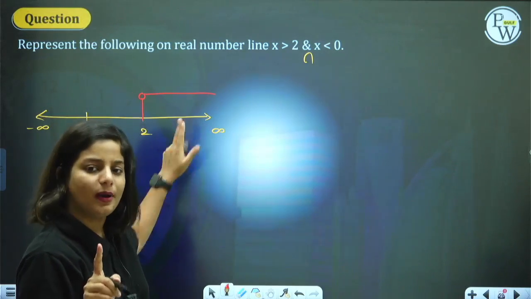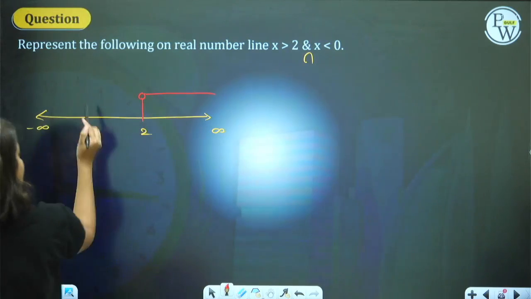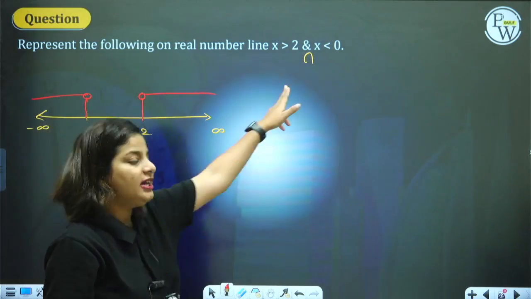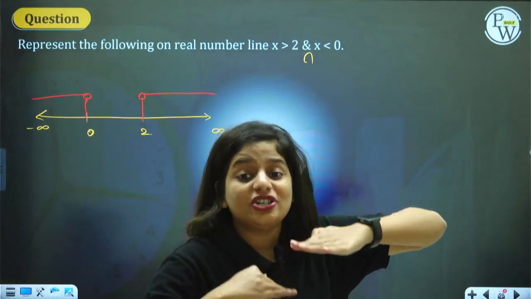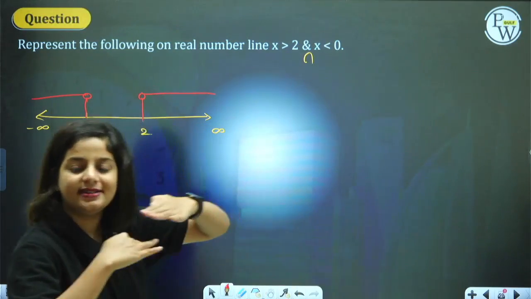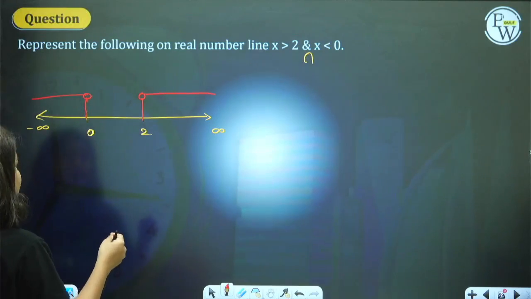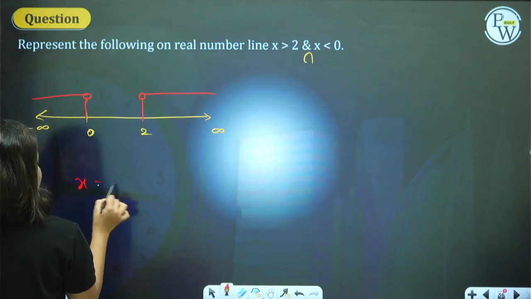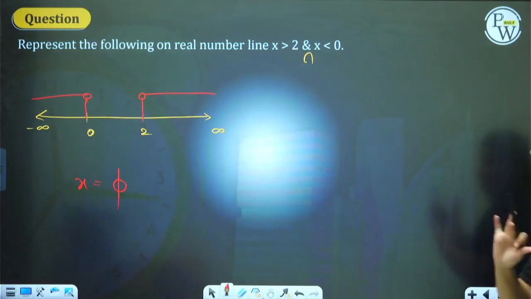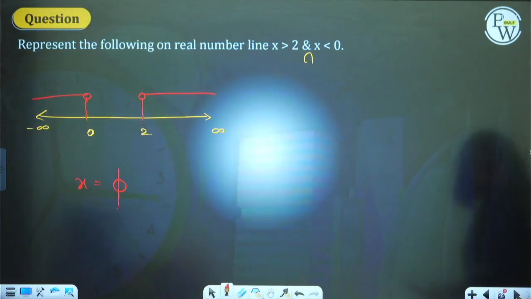No equal to, bubble. x is less than 0, left. We need the intersection. Which is the area where two lines are parallel? Is there any area? No, I cannot see. This is alone, this is alone. That means no common area. The answer is phi, null, no intersection area.